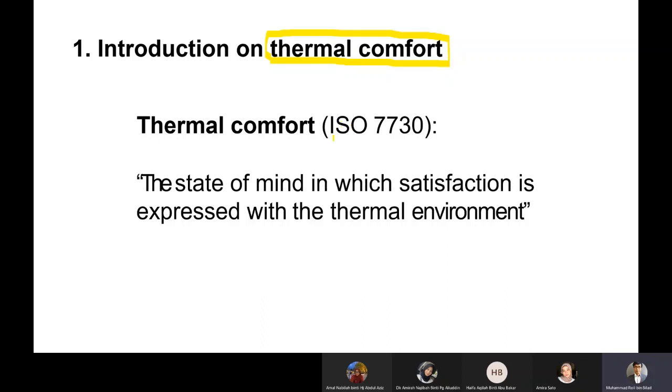Based on ISO 7730, what is called thermal comfort is the state of mind in which satisfaction is expressed with the thermal environment. So it's basically the feeling. I feel like I'm comfortable.